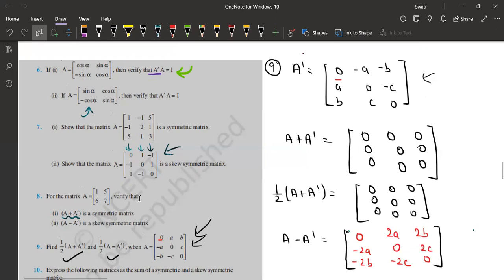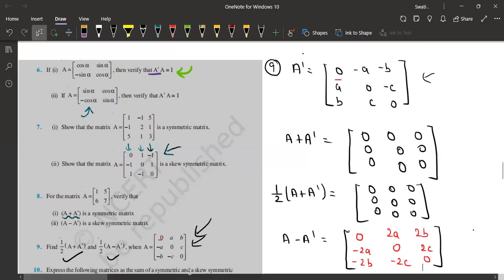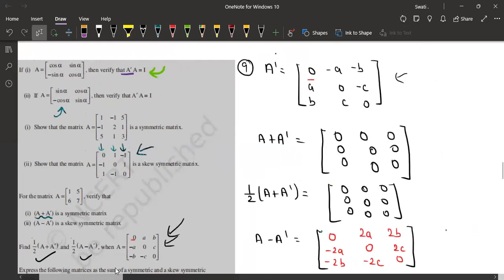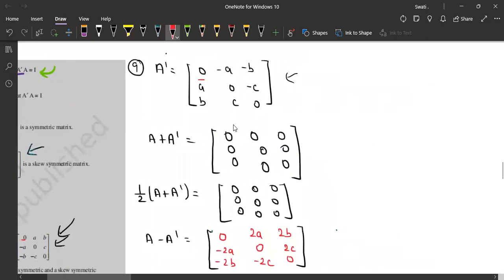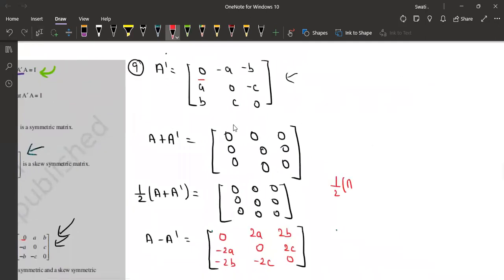So if I try to find out half of this A minus A transpose, each entry will get multiplied with half. So first is 0, so no problem, it's 0 only. This will become simply A, 2 will get cancelled.